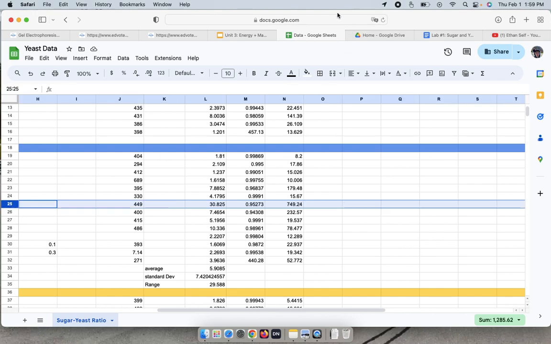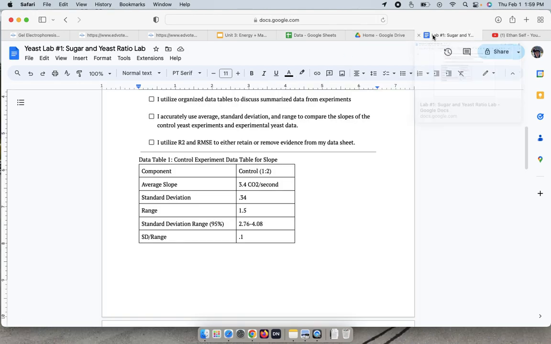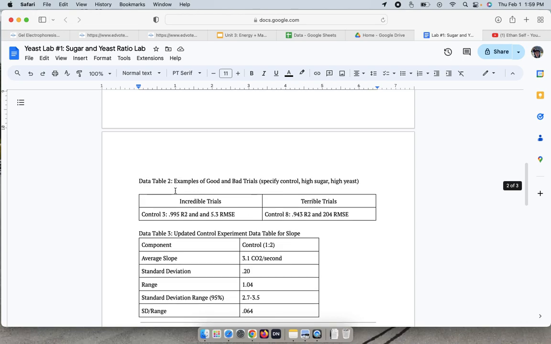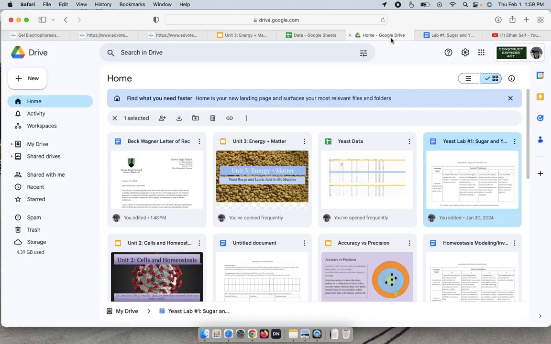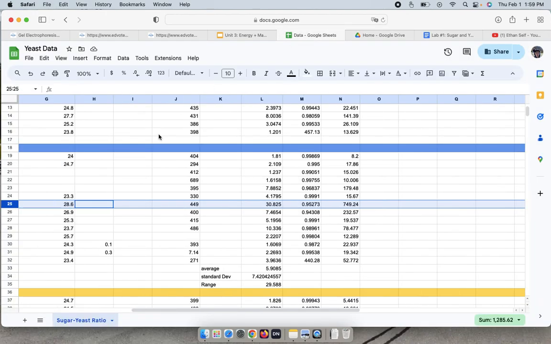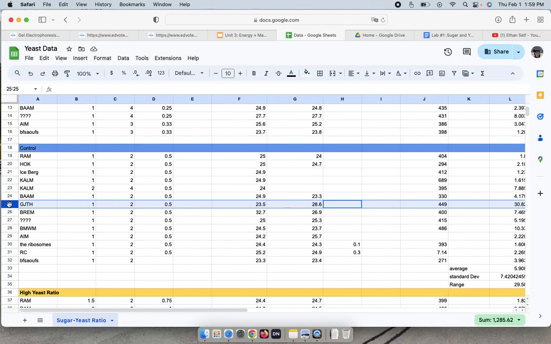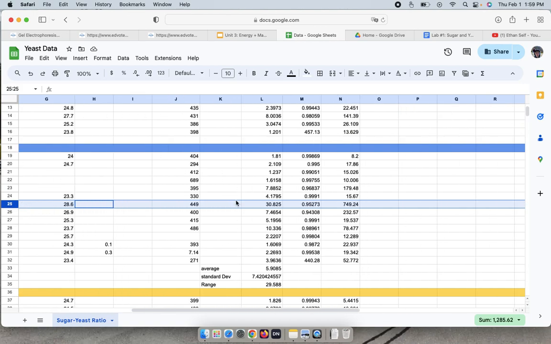So in your Google Docs, you might list in table 2 that control number 25, because this is row 25, is suspicious because of its high slope, which is very high compared to the others, a low correlation, and a really high RMSE. So you're going to be able to delete that.